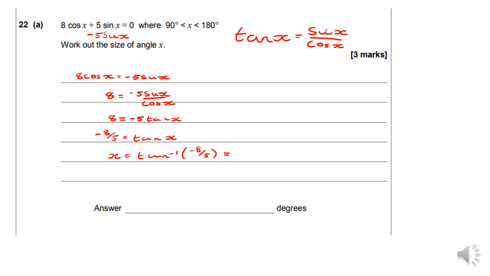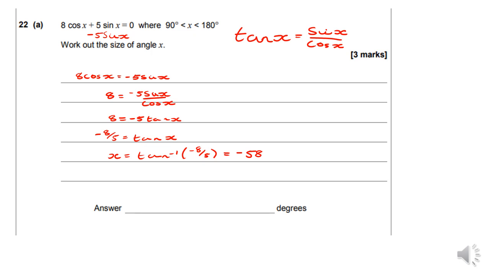And that gives me, hold on, you can just check that your calculator's in the right mode here as well. It gives me -57.99, and I call that -58. I think it's sufficiently accurate.